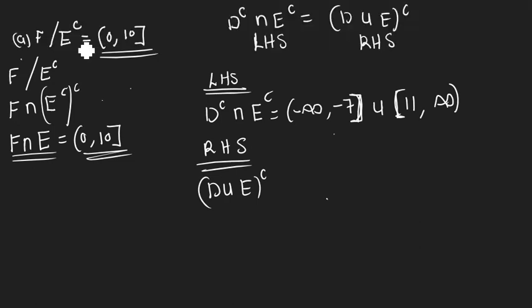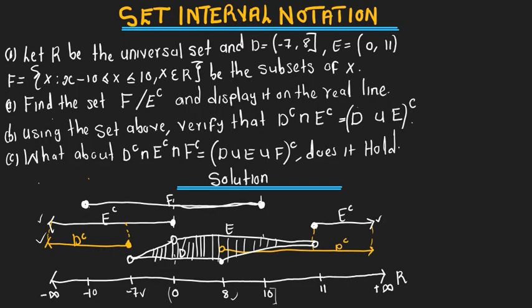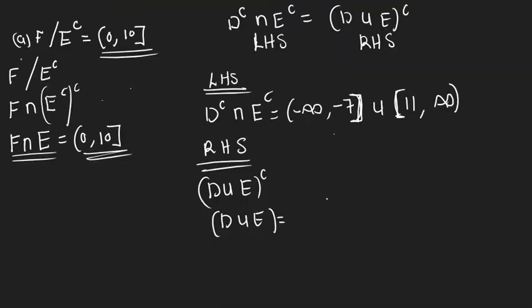D union E is a set from negative 7 all the way to 11, but we know that both of them are excluded.